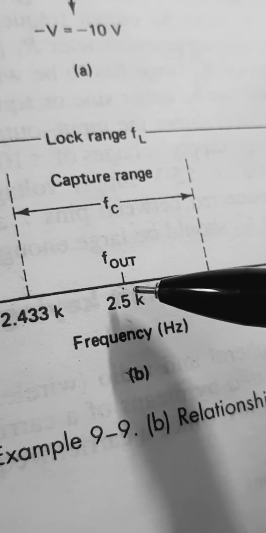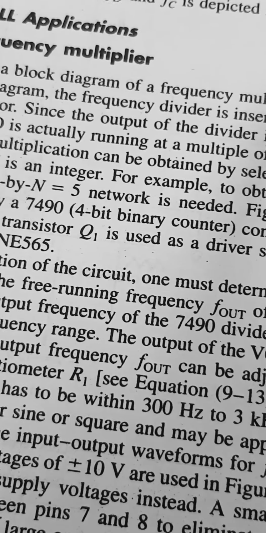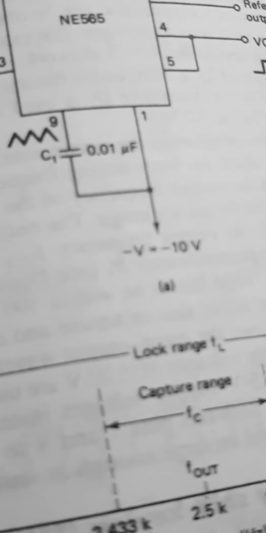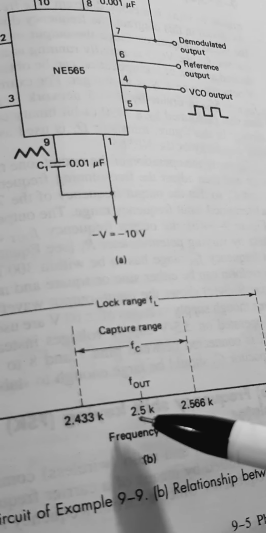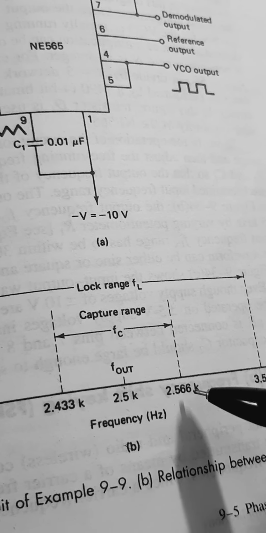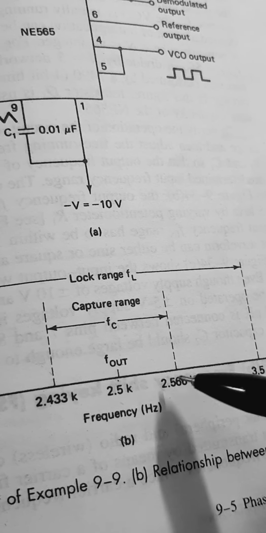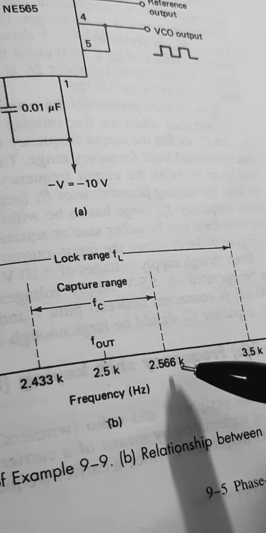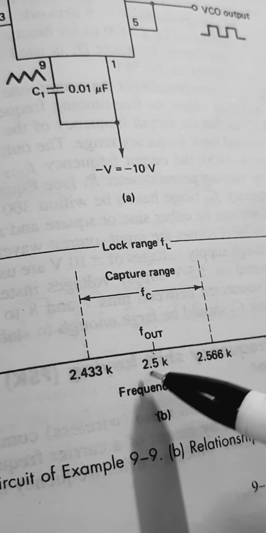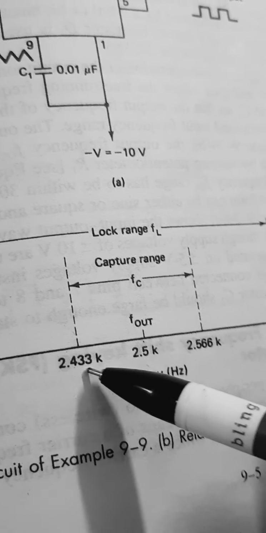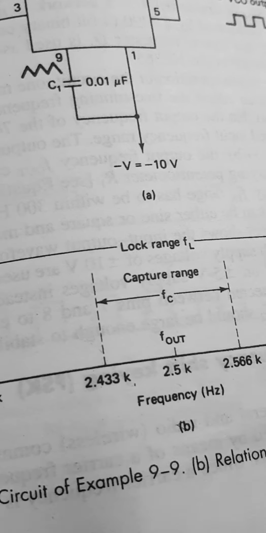So 2500 hertz, you have to add 66 hertz, you get 2.566 kilohertz. And 2.5 minus 66 gives 2.433K. So this gives the capture range.